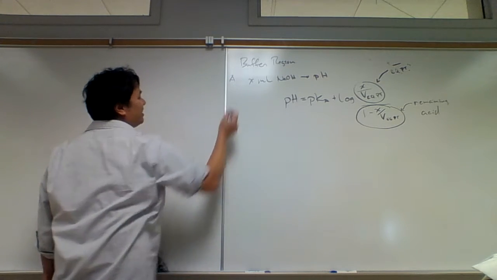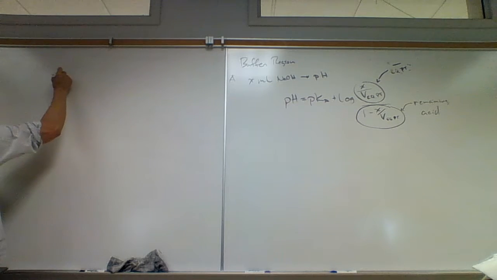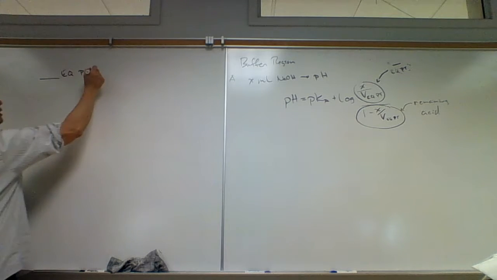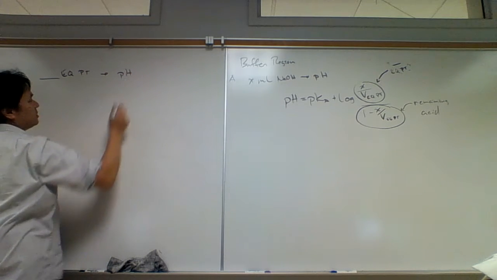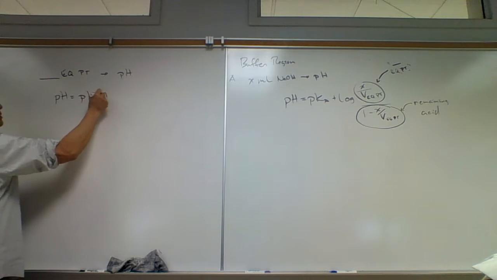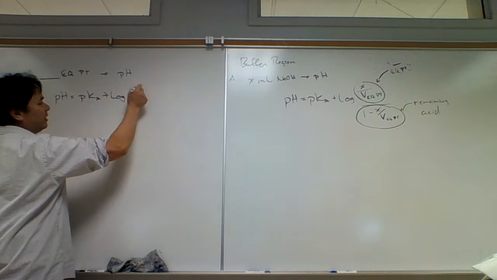The other type of calculation is where we're given the equivalence point. If we start off from the blank equivalence point, let's say the 1/2 equivalence point, and then we want to figure out what the pH is, again we're in the buffer region, so the pH is equal to pKa plus the log of the equivalence point over 1 minus the equivalence point.